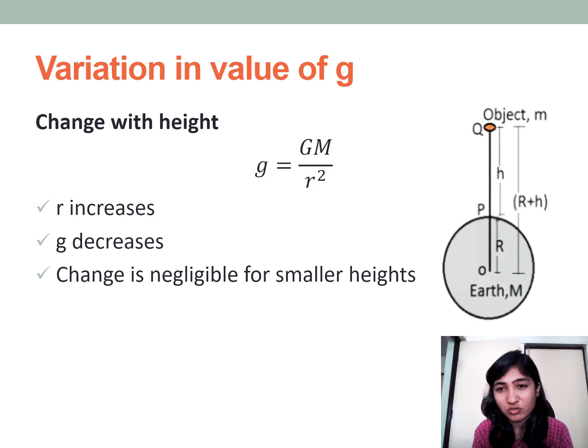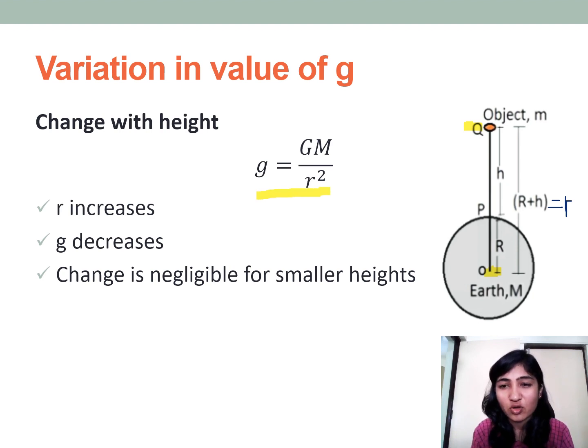So the total distance from the center to the object is capital R plus h, which is actually taken as small r, the distance of the object from the center. And we have seen this formula GM upon r square.